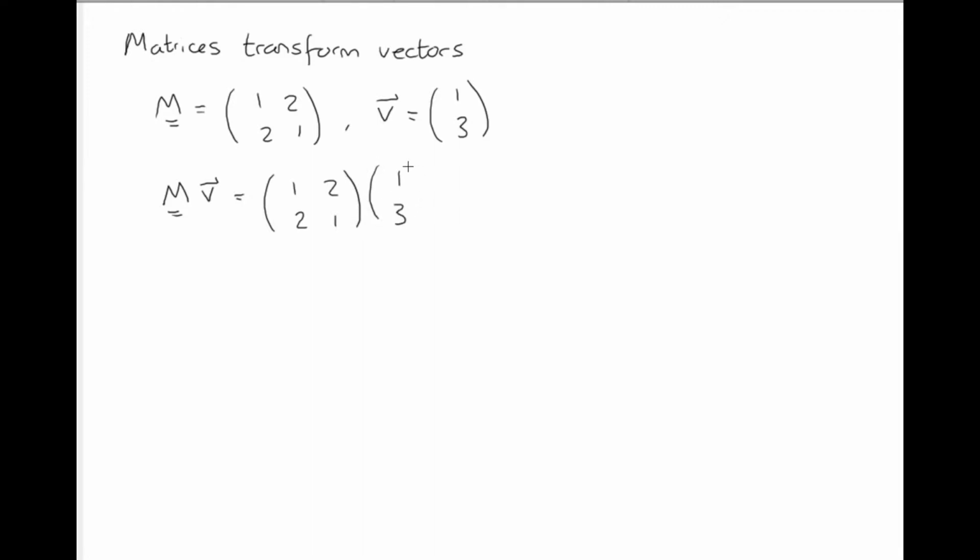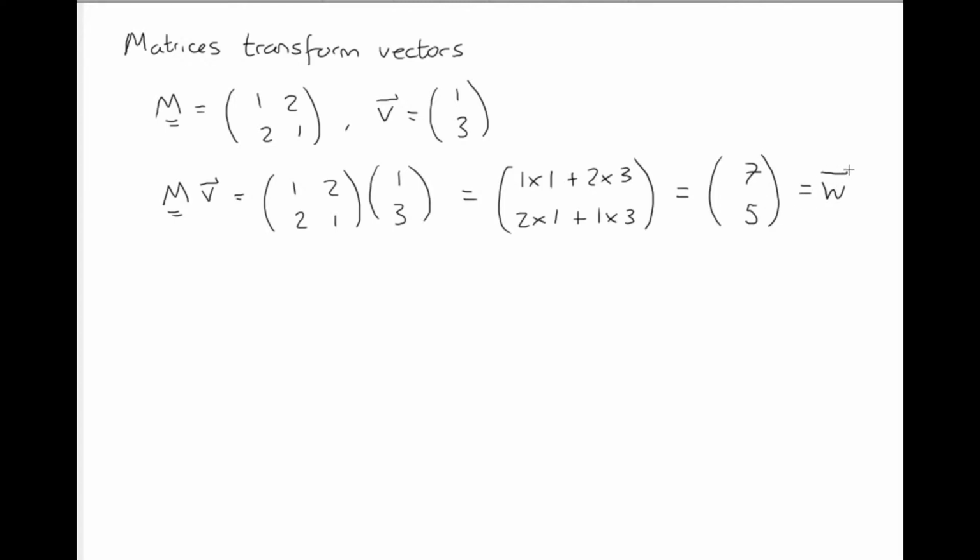And when we multiply these two together, this will be given by 1 times 1 plus 2 times 3, as this is the rules of how to multiply a matrix and a vector, and it will also be given by 2 times 1 plus 1 times 3. And so if we add up these, this will be 7, 5, which we can call a new vector W.